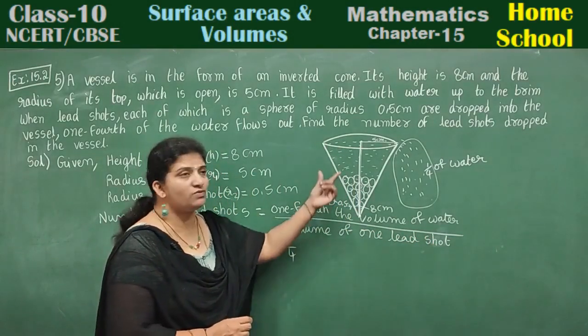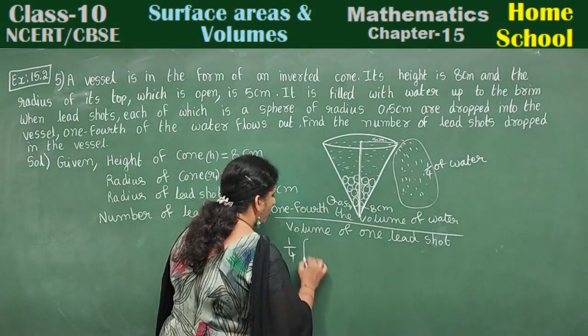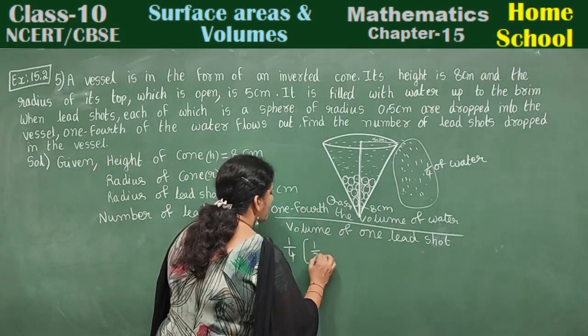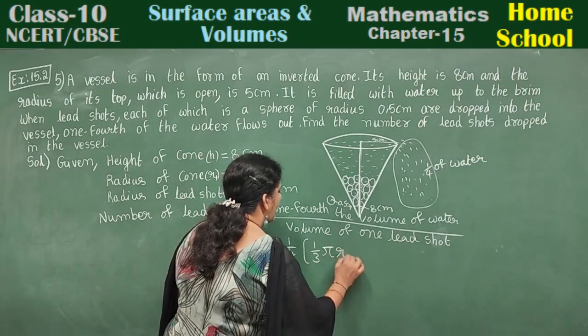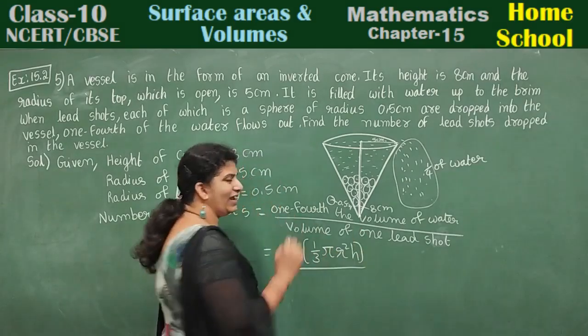Volume of water means what? Volume of cone. The volume of cone formula is 1 by 3 pi r square h, by the volume of 1 lead shot.